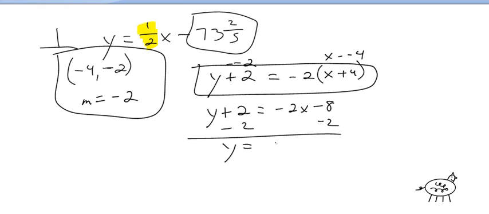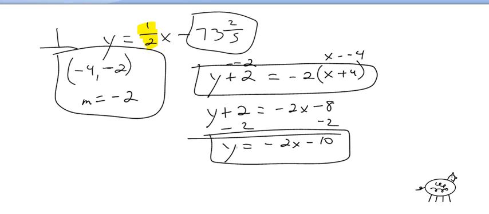So y equals -2x minus 10. And that is perpendicular. Okay, opposite reciprocal. I mean, you could tell the final answer here, math fans. Look at that. 1/2 and -2. It's really easy.